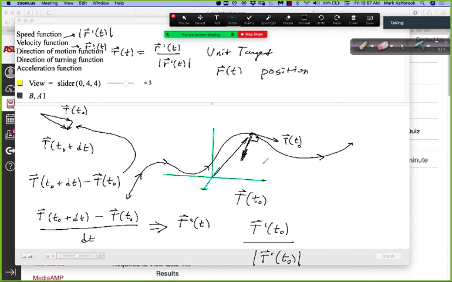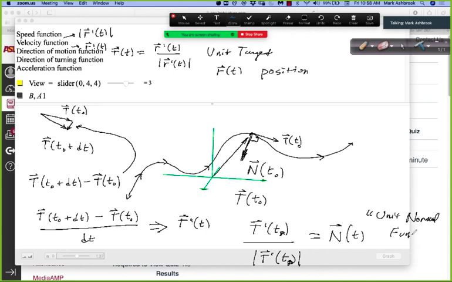And because it's orthogonal to the tangent vector, it's called the unit normal vector. Sorry, this is a function, so there shouldn't be t naughts here. This is just taking the derivative of the unit tangent function and unitizing it. That gives us a function called the unit normal function.